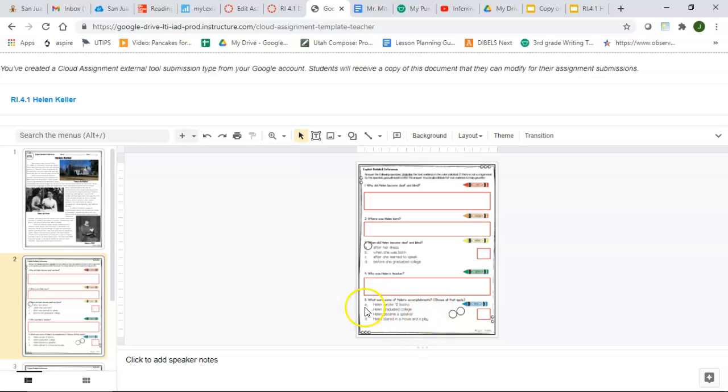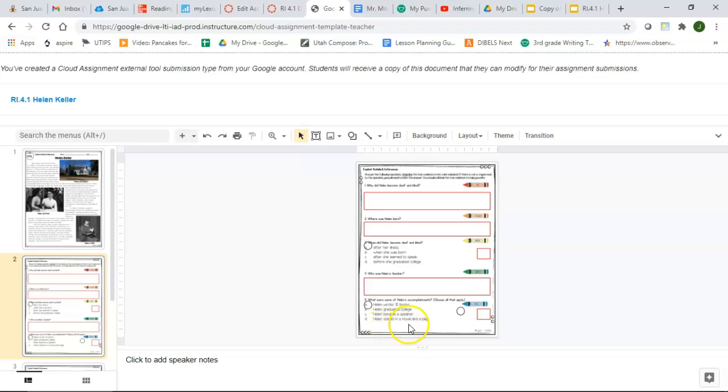Now you'll notice with this question it says, what are some of Helen's accomplishments? Choose all that apply. Now I've given you a hint. I've got 2 circles for you to drag. Just come across it, drag over here. What were some of Helen's accomplishments? She wrote 12 books. I remember that one, so I'm going to put that there. And then Helen graduated college. She became a speaker.